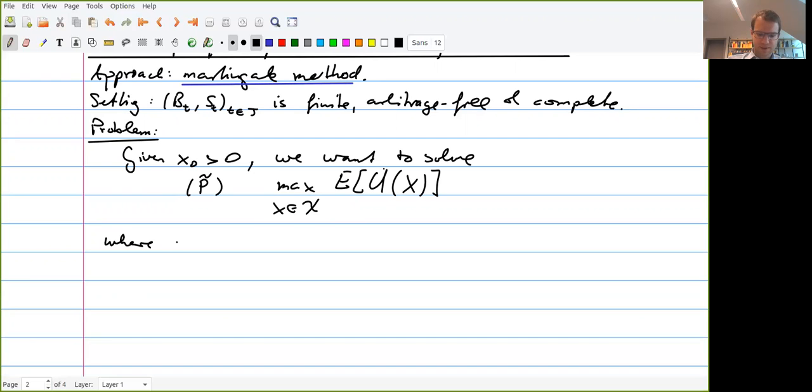where u is in order. So it has to be at least one time continuously differentiable, and you have this behavior to infinity and to zero.